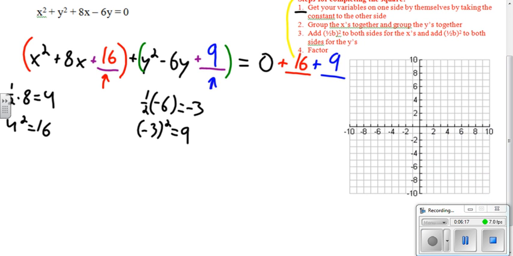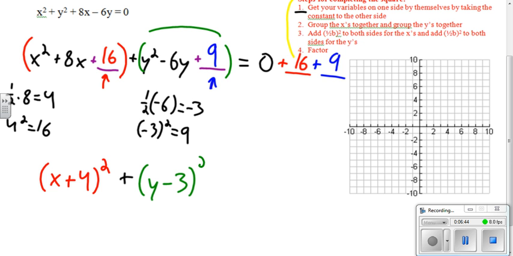x squared plus 8x plus 16, that's the same as saying x plus 4 squared. If we were to factor this piece down, we would get this. And remember, that's just from our completing the square. And the piece over here, y squared minus 6y plus 9, that's the same as y minus 3 squared.